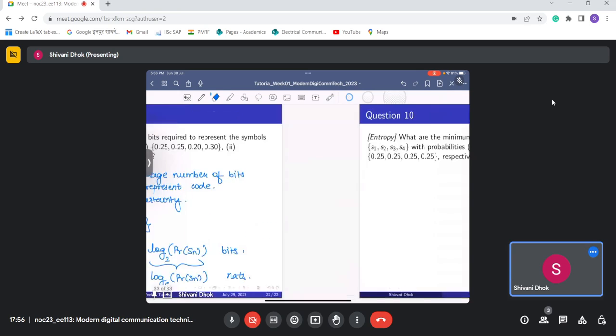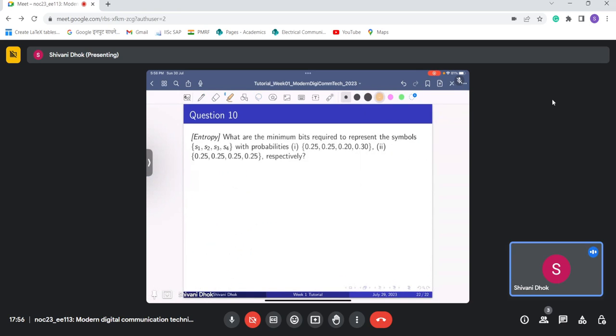We'll use this formula. What we have been given here is the question: what are the minimum bits required to represent the symbols with probabilities? For the first one, probability of S1 is 0.25, probability of S2 is 0.25, probability of S3 is 0.2 and probability of S4 is 0.3.